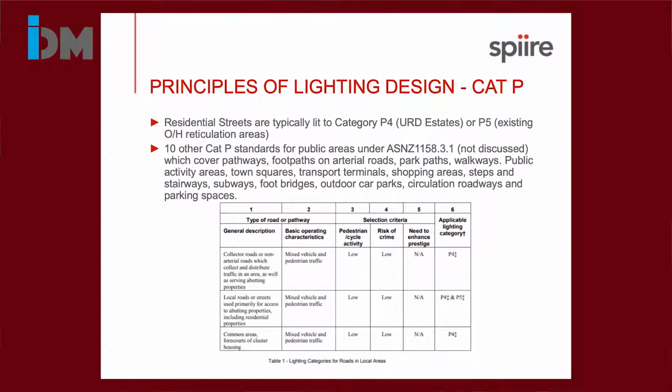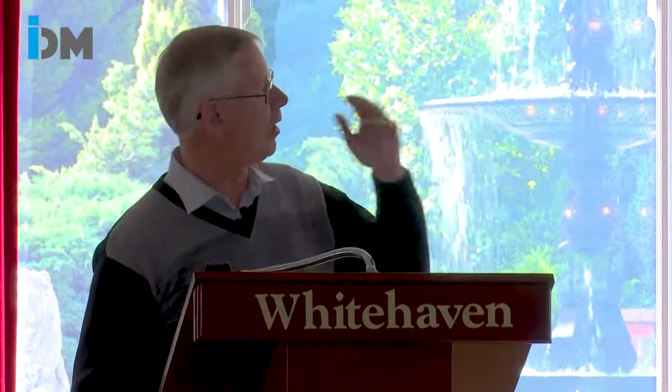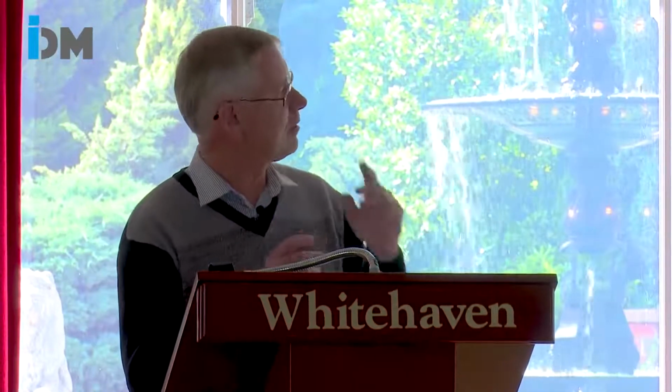Residential streets are typically lit to Category P4, which is your URD estates, or P5, which is existing overhead reticulation areas. So your old poles and wires areas, the P5 applies, and P5 is typically allowing for a light on probably every second pole, which typically puts them around 90 metres apart.